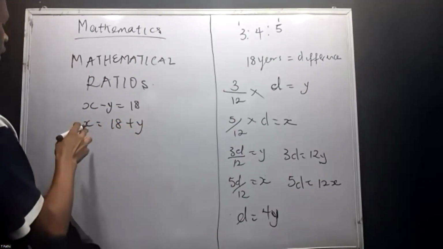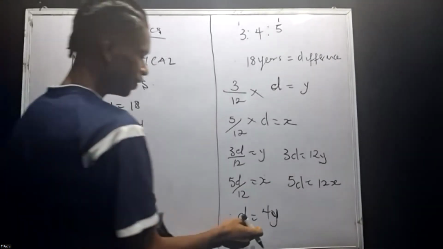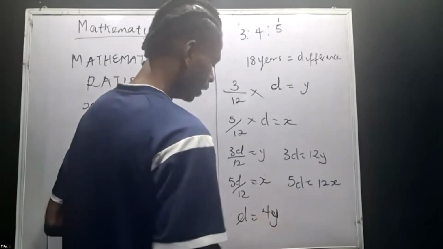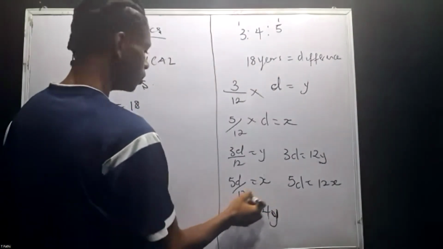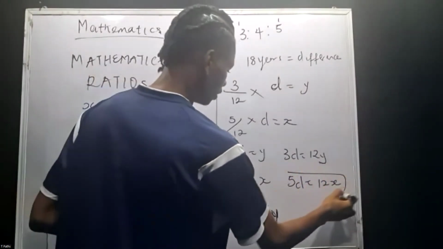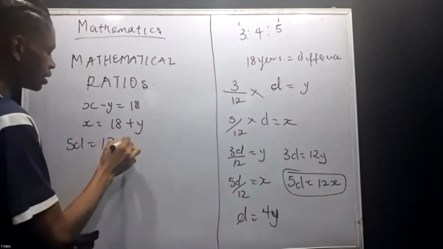Now I have the value of X to be 18 plus Y, and the value of D to be 4Y. I'm going to substitute these two values into the formula 5D is equal to 12X.